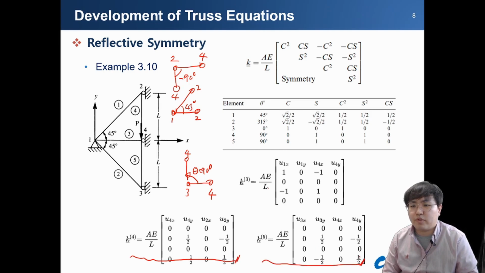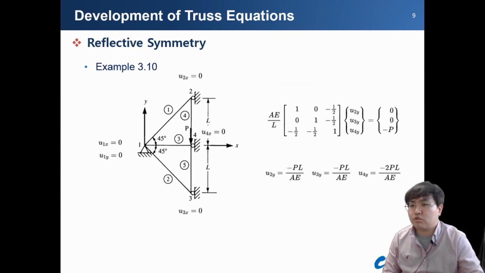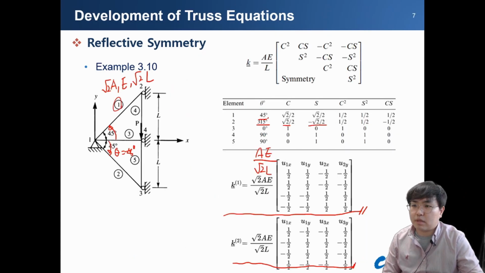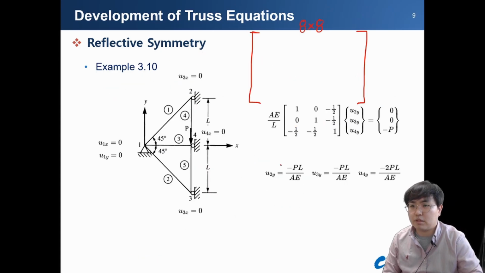Finally, we obtain the total 5 local stiffness matrices, and then we should assemble these 5 local elements into the global matrix. We have 4 nodes, and that means an 8 by 8 matrix. And in the previous slide, this is for the first element, and this part looks like this.